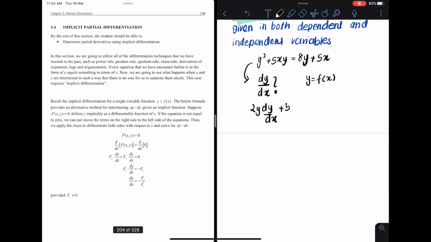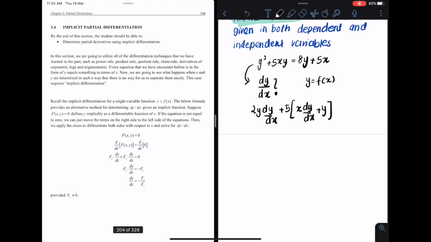So in this case, I will factor 5 out and then I will focus on differentiating xy by using product rule. I will get x dy dx plus y, differentiate x with respect to x, I will get 1.